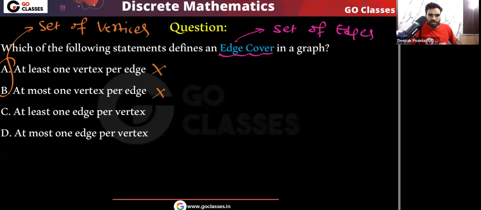And what is edge cover? Edge cover touches all vertices.